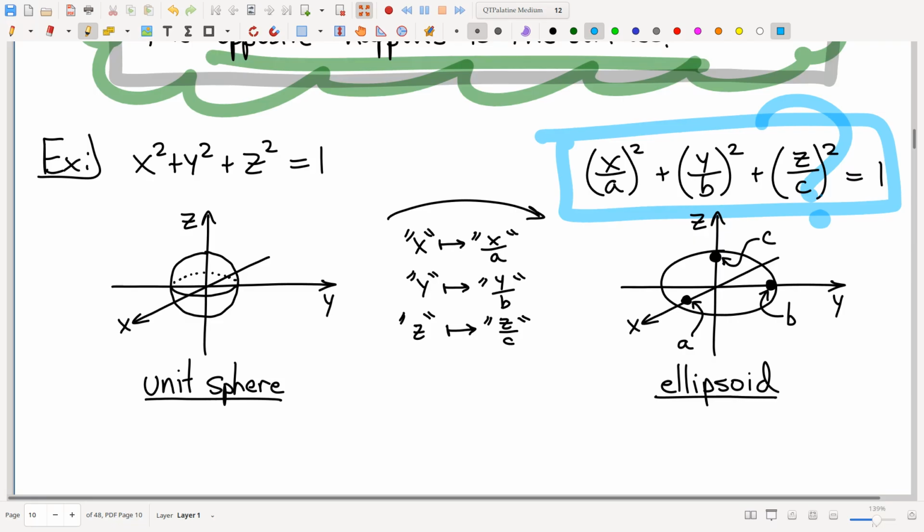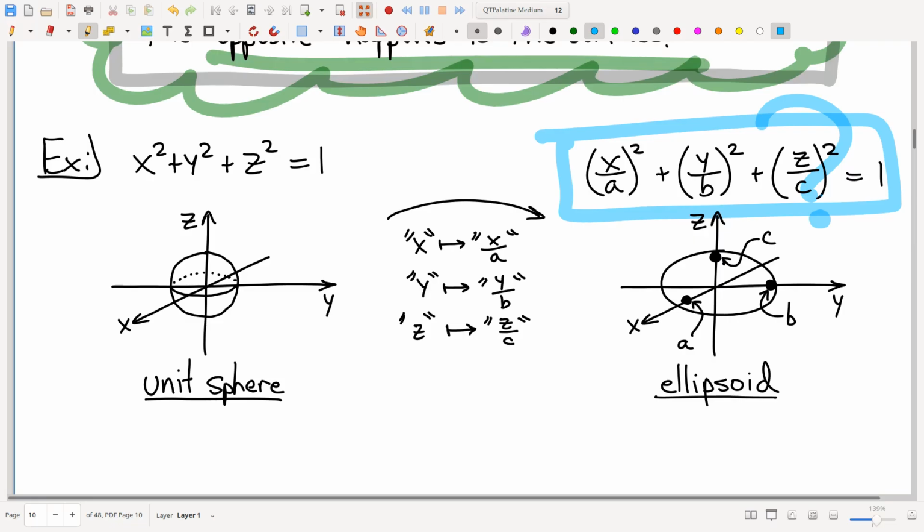And no matter how you try to move things around, unless you get lucky and a and b happen to be equal, you cannot write that in terms of just square root of x squared plus y squared. You can't do it. So I can't make a rotation argument, and by the way, play the same game around the y-axis or the x-axis, and again, crash and burn. You cannot make a rotational symmetry argument on this.